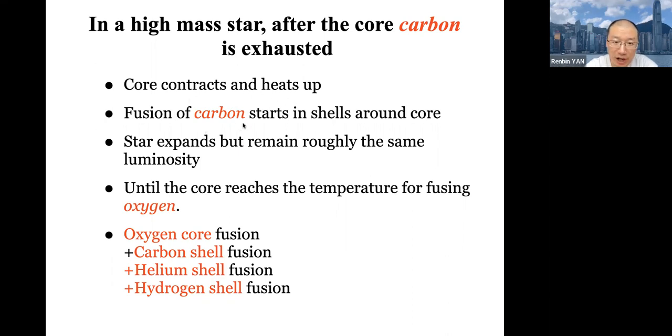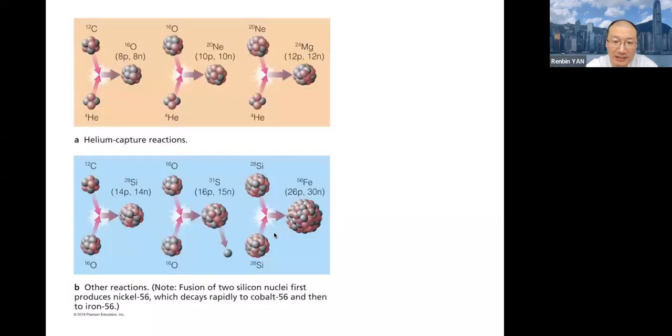Then fusion of carbon can start in the shell around the core, and the star expands but remains roughly the same luminosity until the core reaches a temperature for fusing oxygen. So you have oxygen core fusion plus three shell fusions. You basically go through all these elements and build heavier and heavier elements in the center.